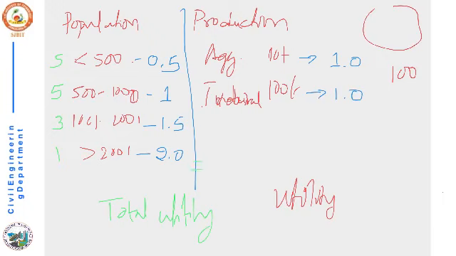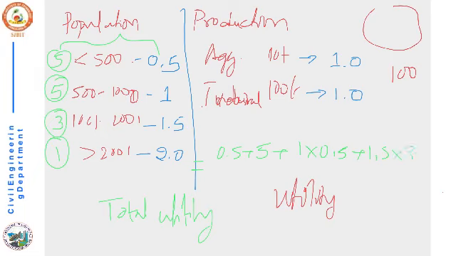The total utility is calculated by multiplying the utility value with the number of villages serving the particular population range. So it will be 0.5 into 5 plus 1 into 0.5 plus 1.5 into 3 plus 2.0 into 1. This gives you the utility with respect to the population.